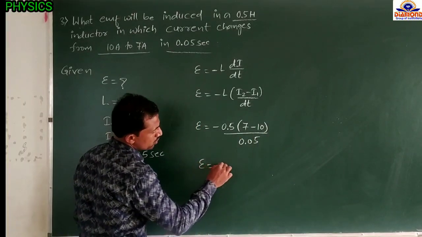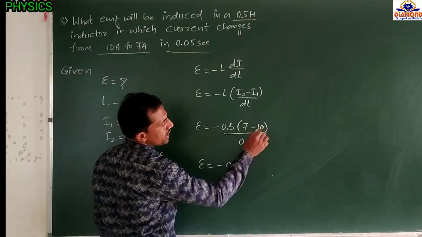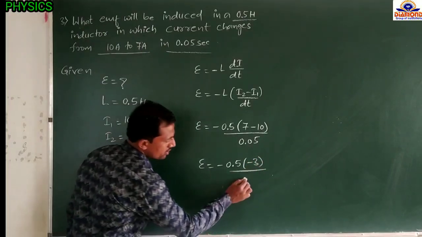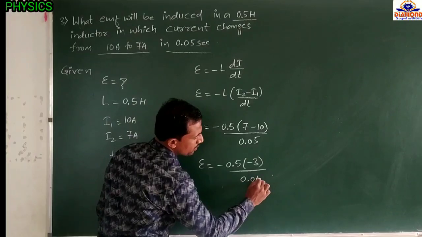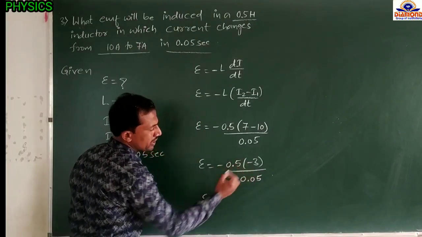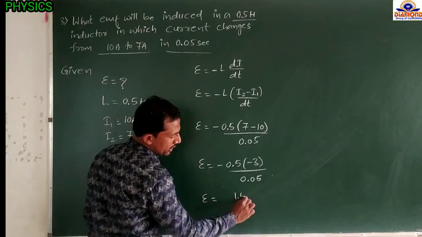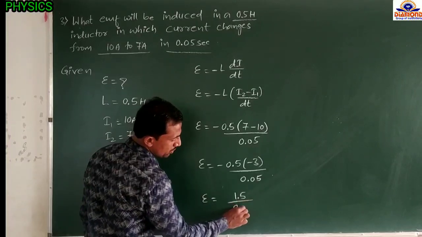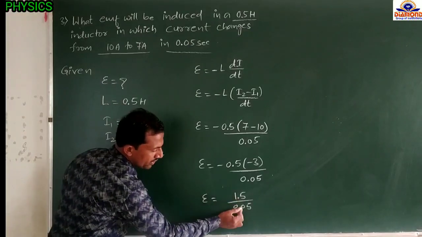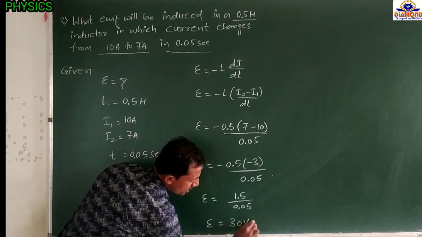Then equals minus 0.5 into 7 minus 10 is minus 3, 0.05 as it is. Then minus into minus plus, 0.5 into 3 means 1.5 divided by 0.05. If you divide 1.5 by 0.05, its value is 30.